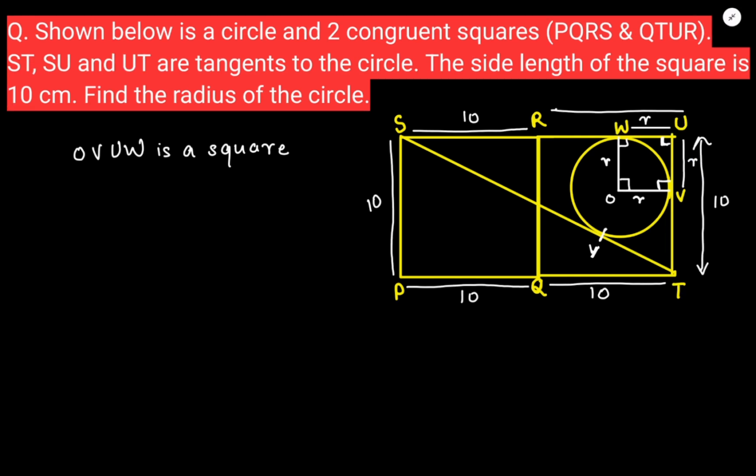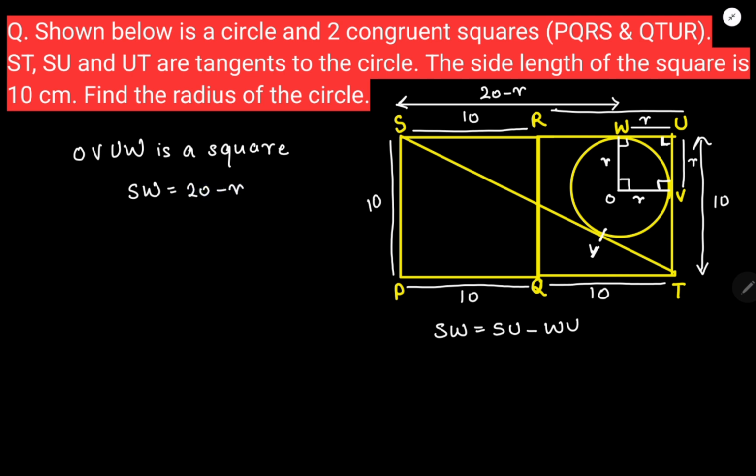Now we will see the length of SW. We know SW is a tangent. SW is equal to SU minus WU. If you subtract WU from SU, you will get SW, and that will be equal to 20 minus r. So SW is equal to 20 minus r.